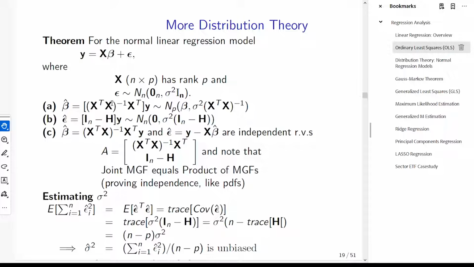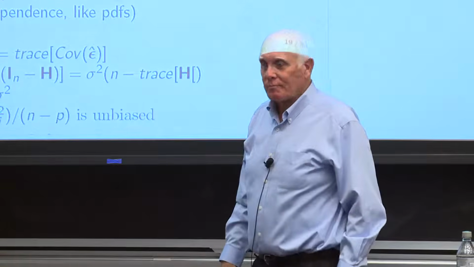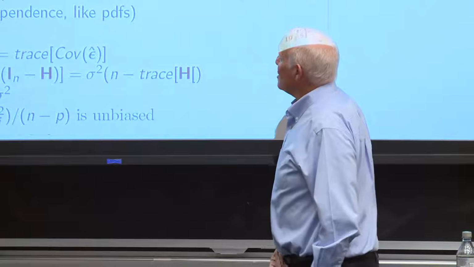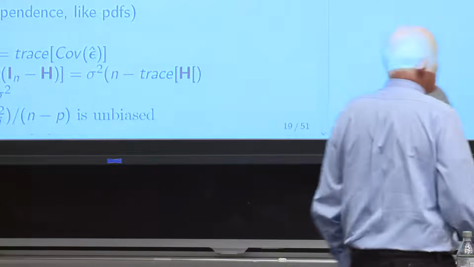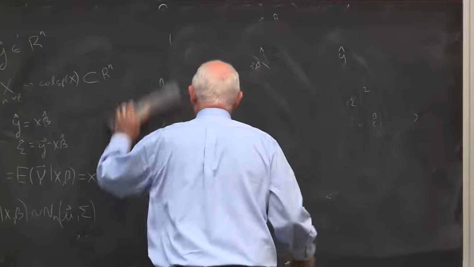And the normal distribution theory leads to these key properties of normal linear model terms. We have that beta hat, the least squares estimate, is multinormal. We have that the error vector epsilon hat is also multinormal, but in n dimensions with mean vector 0.